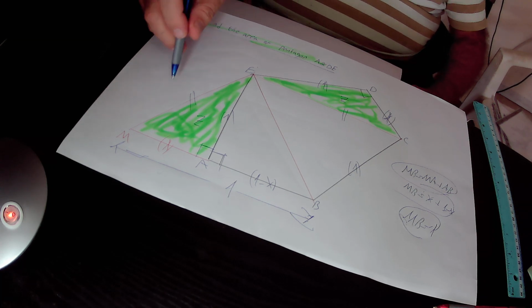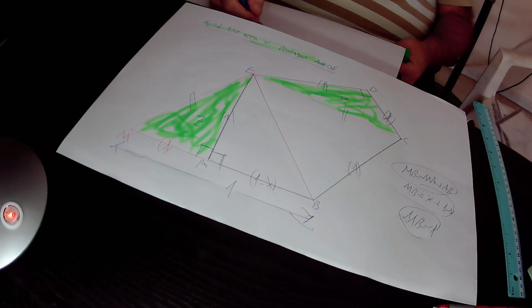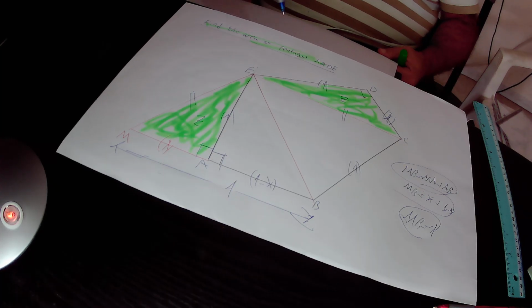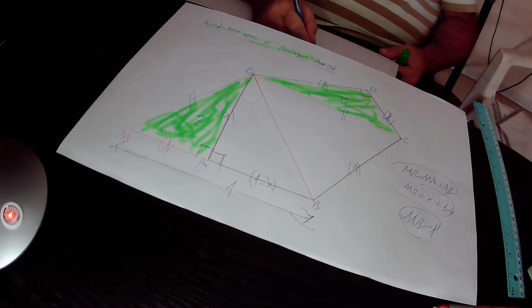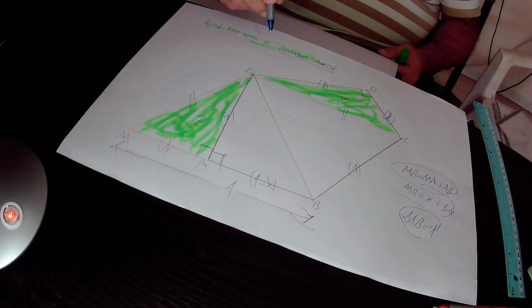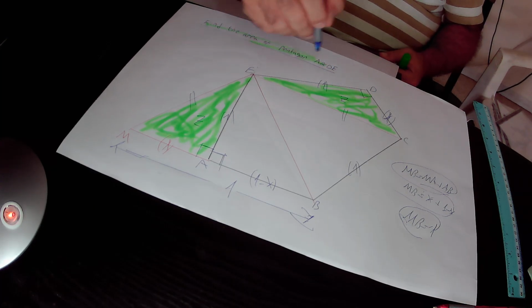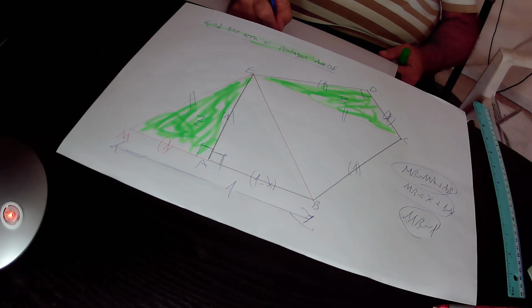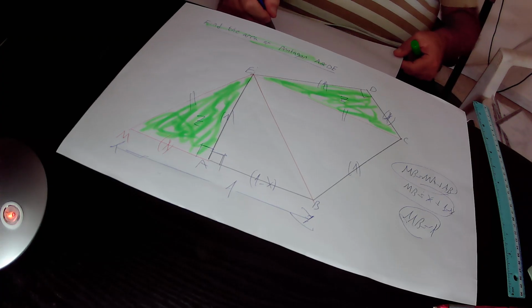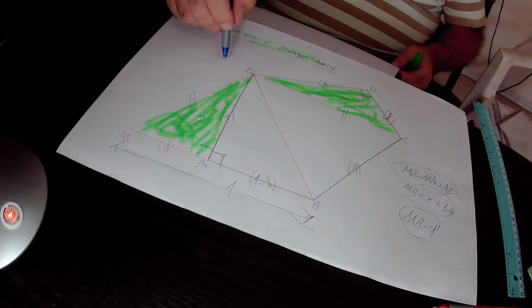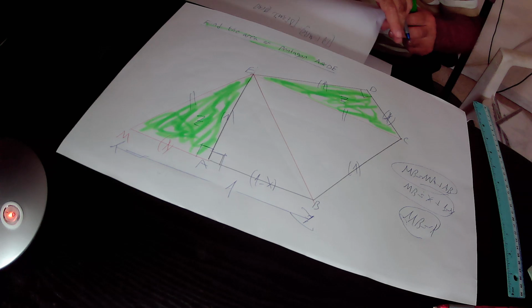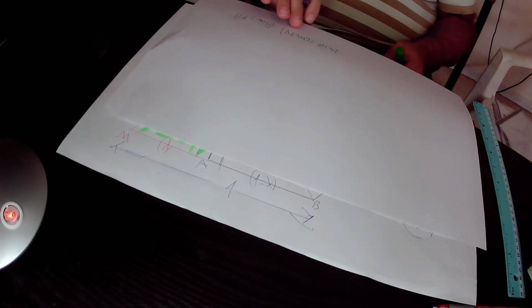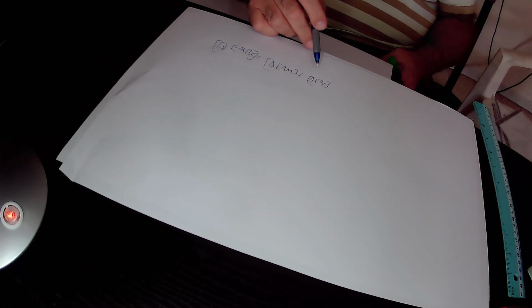The area of this quadrilateral EMBC is equal to the area of triangle EBM plus the area of this triangle EBC. And again, the area of this quadrilateral EMBC in total is equal to the area of triangle EBM plus the area of triangle EBC.